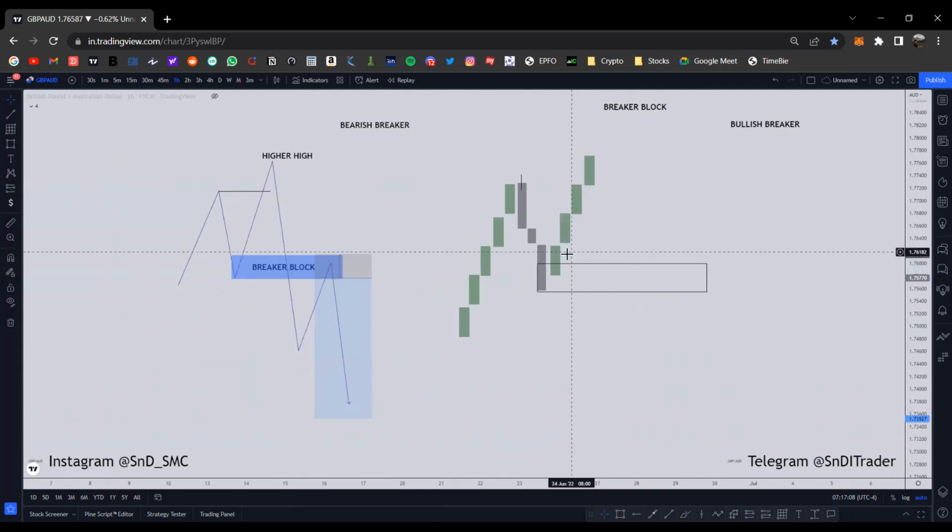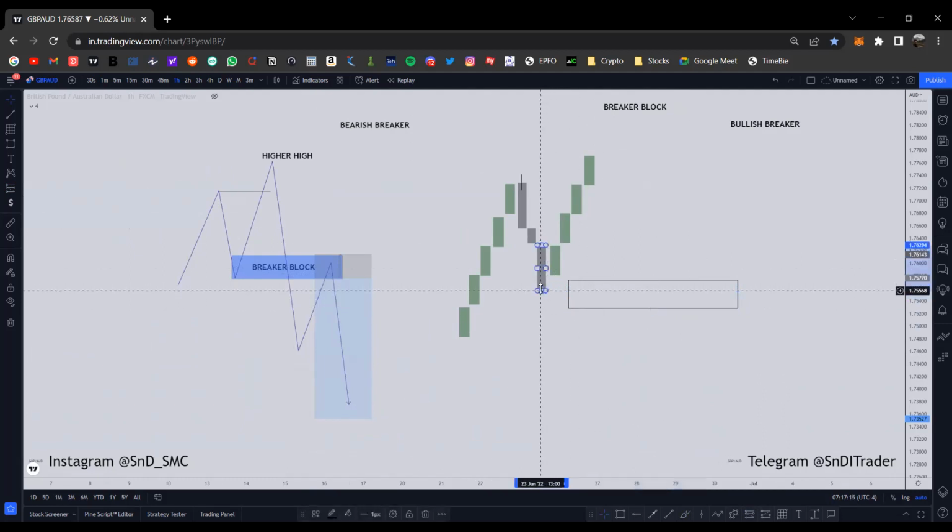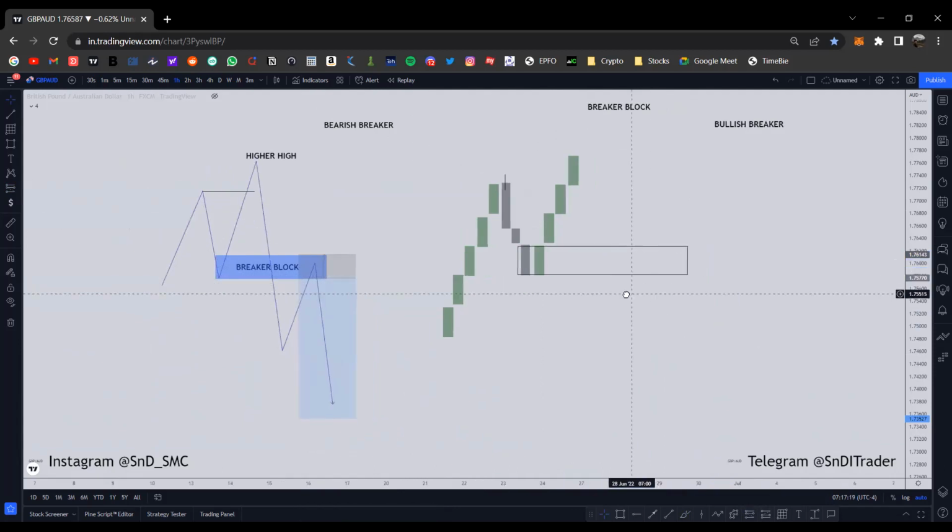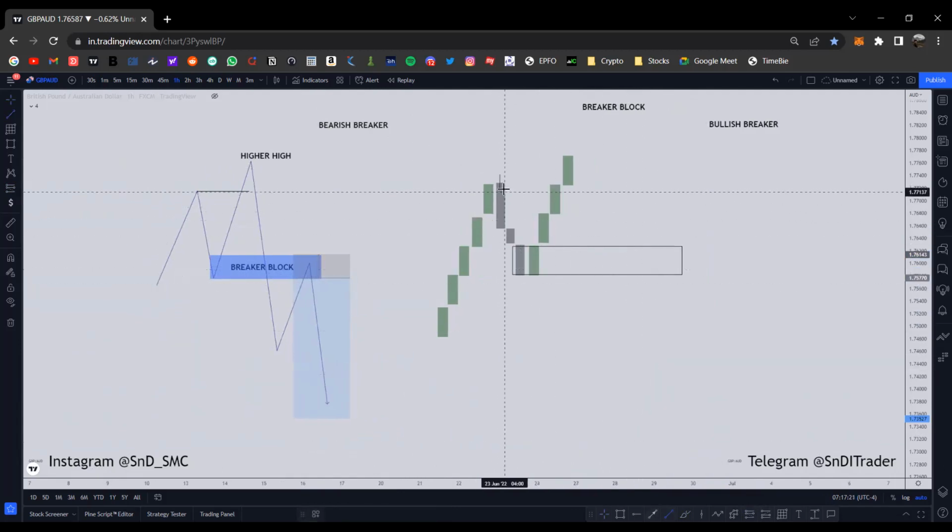Same thing here. This was the order block. Let me explain in more depth. This can be a good order block for buys, and we have a pre-BMS towards the upside. But what happened next? Price just came back again inside this order block and broke it towards the downside.